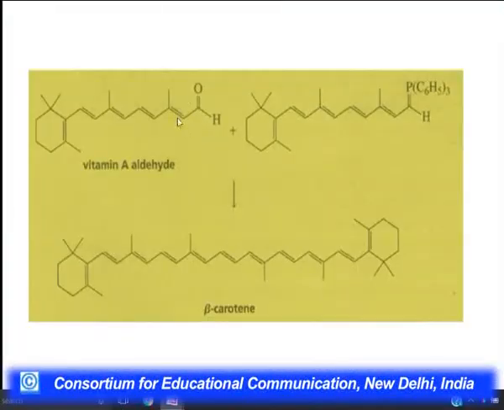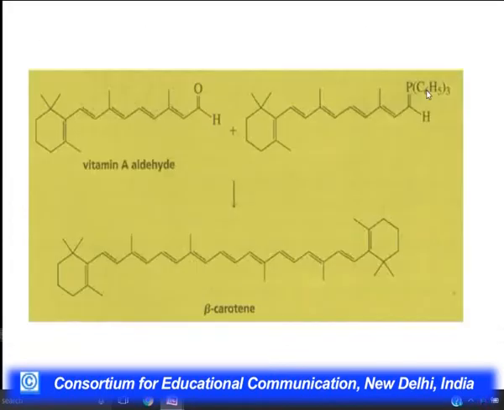So in this reaction we take vitamin A. In vitamin A, we have an aldehydic group, and we do the reaction with a phosphorus ylide. This reaction is quite simple: we have to break the bond between carbon and oxygen and make a bond to this part.